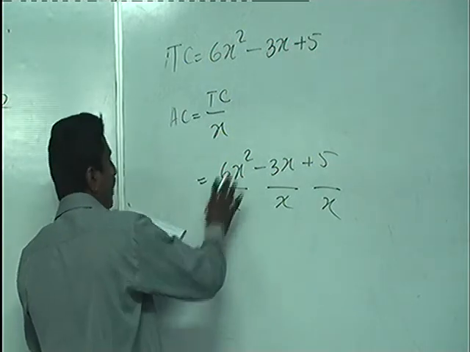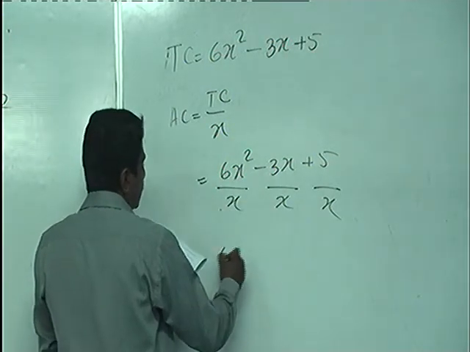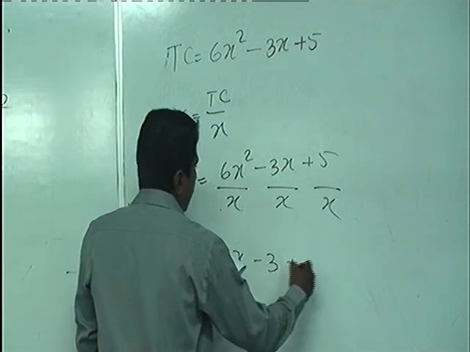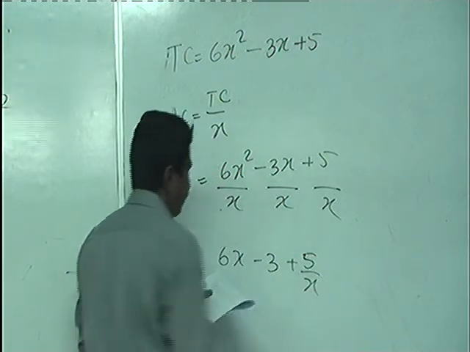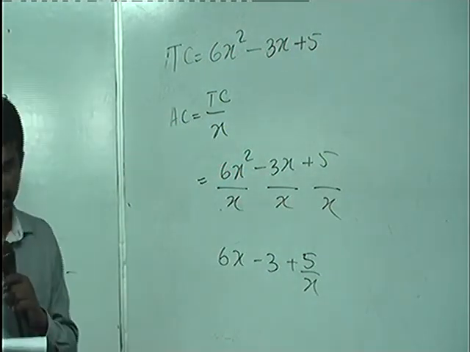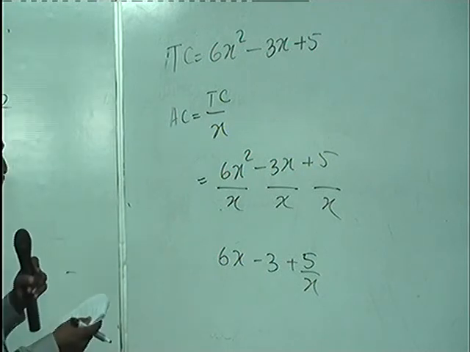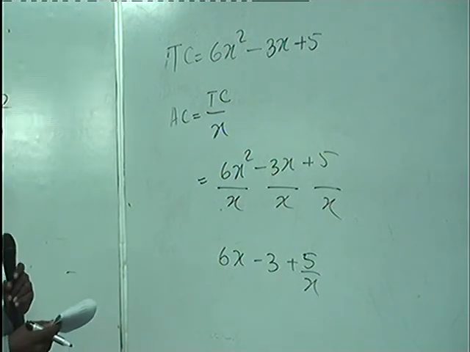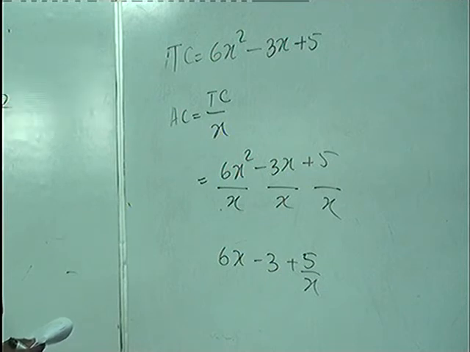All the terms should be divided by x. So this becomes 6x minus 3 plus 5 divided by x. Is it true? False, because they have given you 6x minus 3 only. Therefore, the first one is false.